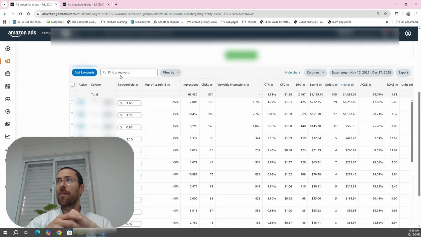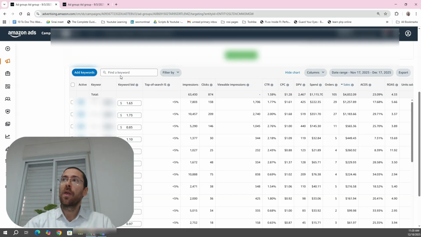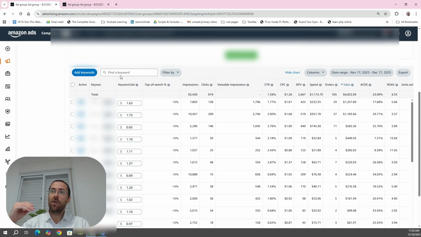Even though they don't call it dynamic up and down, that seems to be similarly what is happening when you use those placement adjustments. And therefore, in order to really get to $1.61 on my rest of search bid, what I need to do is adjust, let's say, by 120, 130% for rest of search.